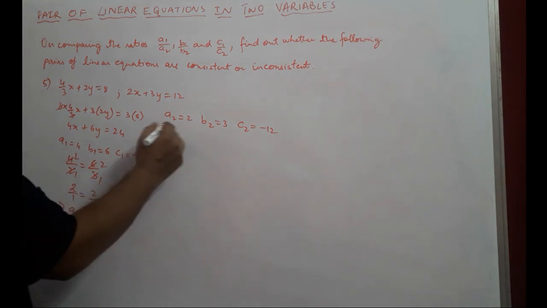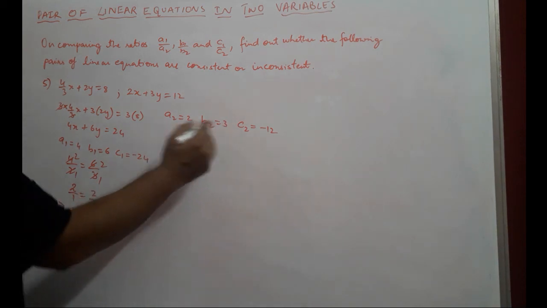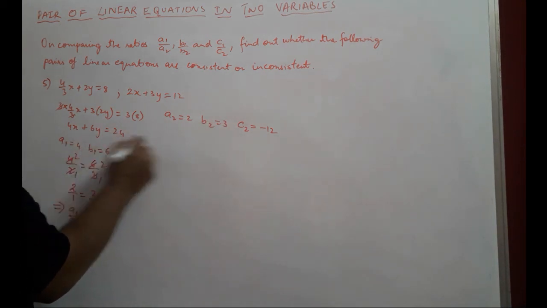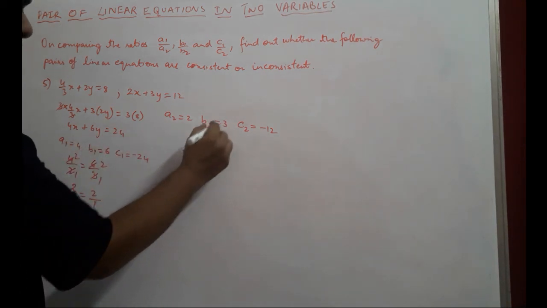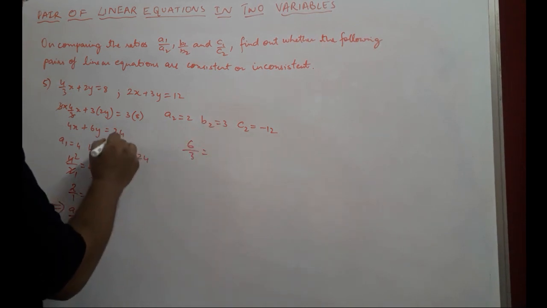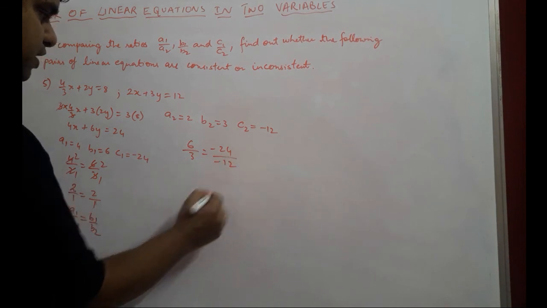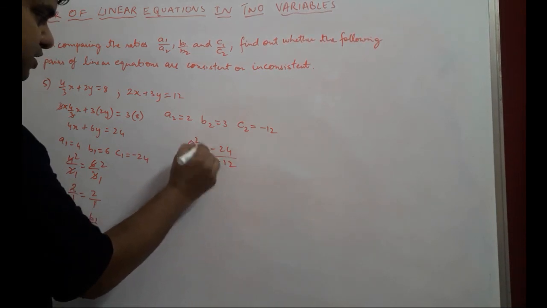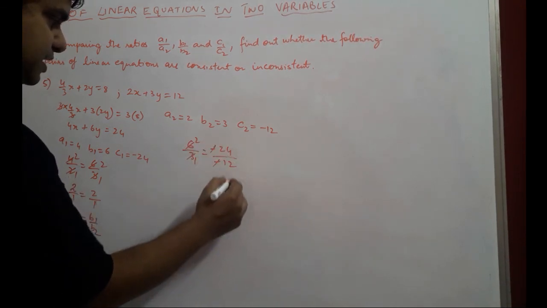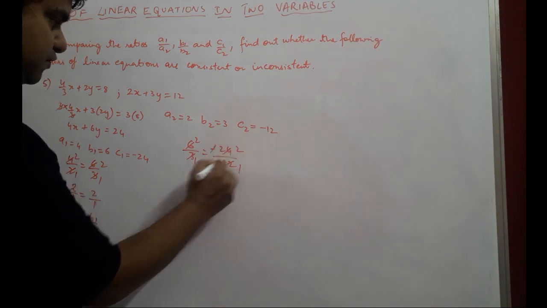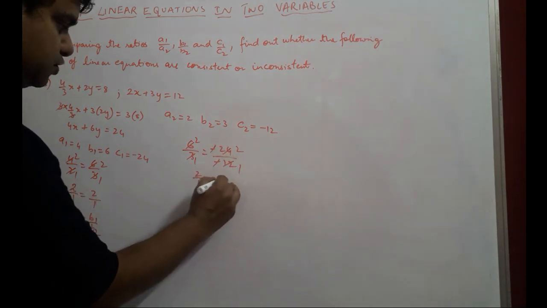Let's check whether B1 upon B2 is equal to C1 upon C2. So what is B1? B1 is 6 and B2 is 3. C1 is minus 24 and C2 is minus 12. So 3 ones are 3, 3 twos are 6, minus and minus cancels, 12 ones are 12, 12 twos are 24. That means 2 upon 1 is equal to 2 upon 1.